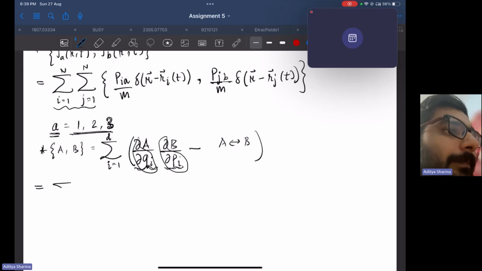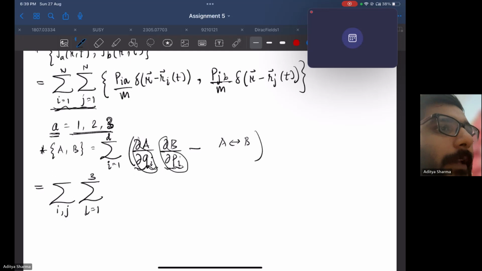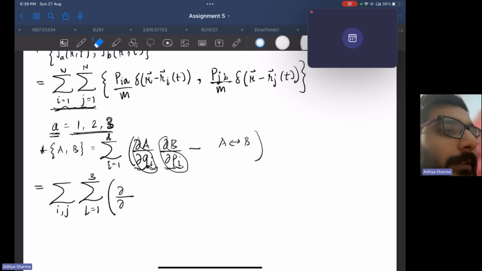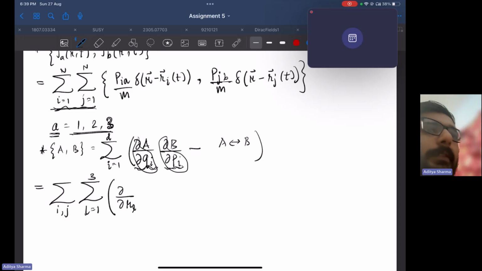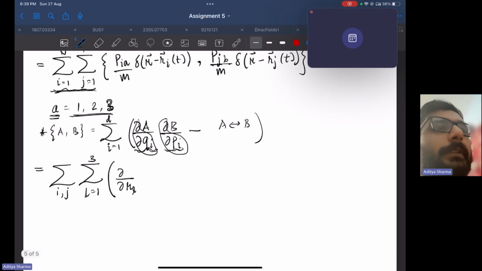So I'll have something like ij, which is the notation for this thing. And then I'll have a summation over L, which goes from 1 to 3. And I'll write this, which is del by del QL. For us, it's RL. And then we have just a second.